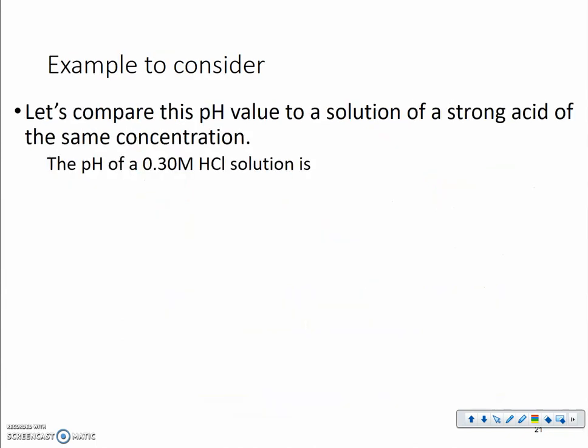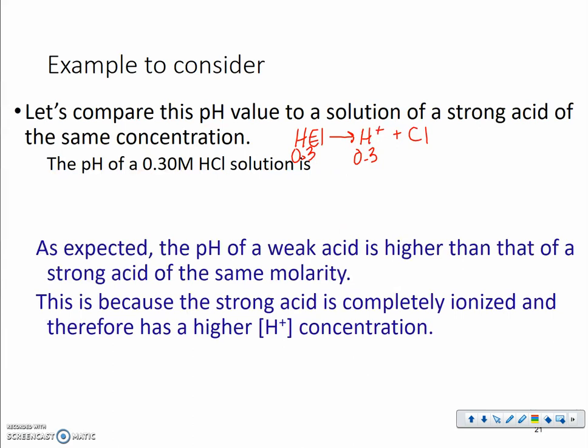Now, let's say we have the same concentration, 0.3, but of a strong acid instead. Strong acids completely dissociate. So if we have 0.3 molarity of that, that means we also have 0.3 molarity of our H3O+. Which means solving for pH is much simpler. You don't have to do the ICE box.